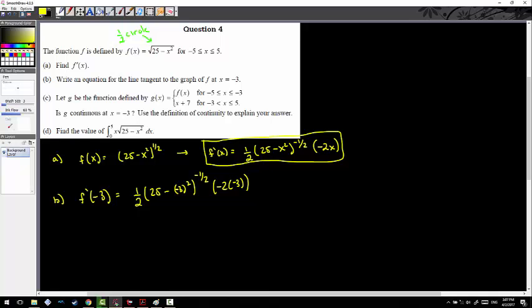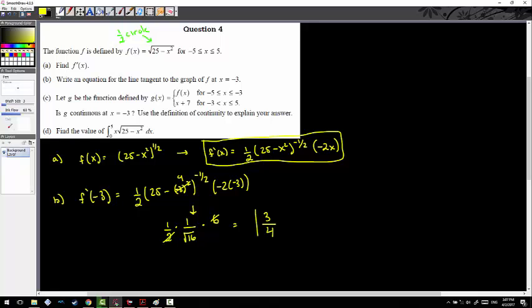So let's find out the slope. I get a 9, so 25 minus 9 is 16, so that's really the square root of 16 on the bottom, times 6. So those guys can knock each other out, so I get 3 over 4.